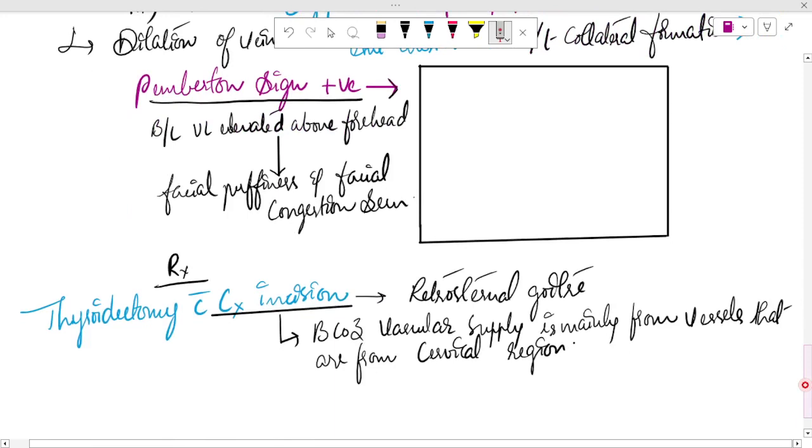Obviously, every structure in the trunk is present within the ribs.